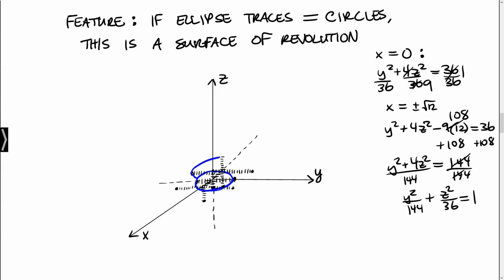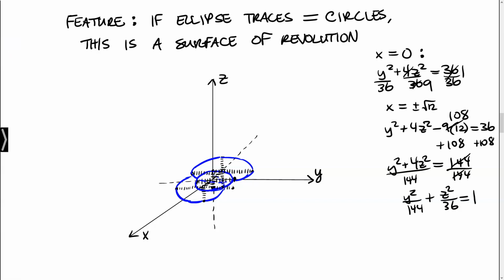Now this one's going to go behind here, so I'm going to do dashed. I'm going to dash behind there, and then it comes out this way. This one, we've got this piece going up here. Again, dashed here. Comes out here. Okay. So it's a little bit tricky to see what's going on here.